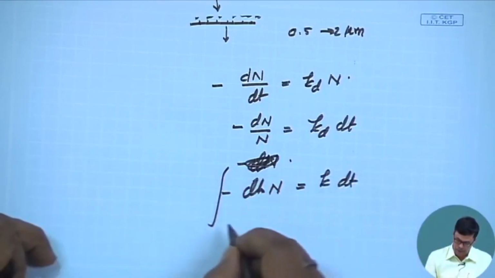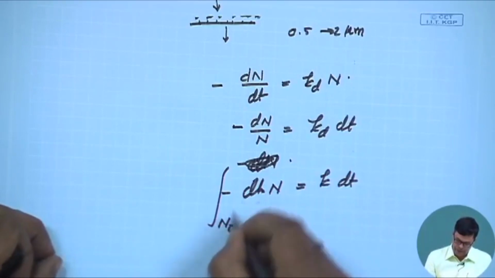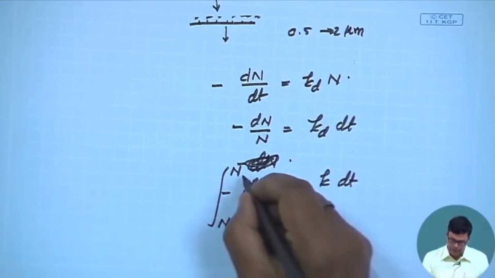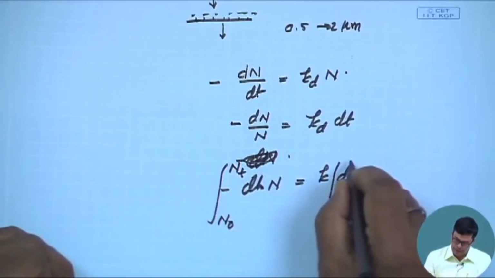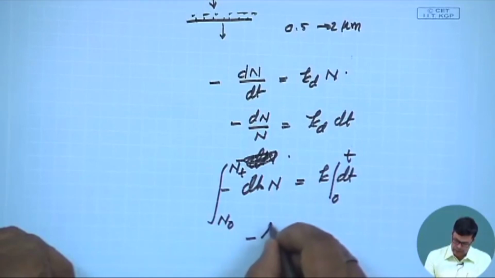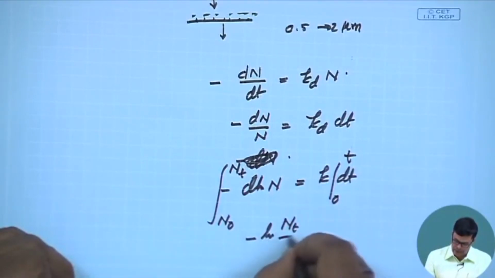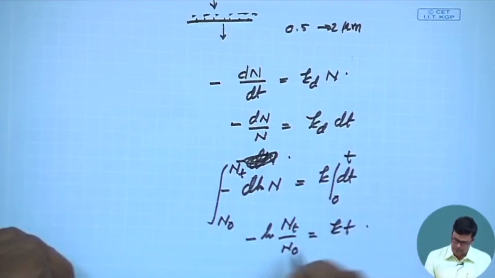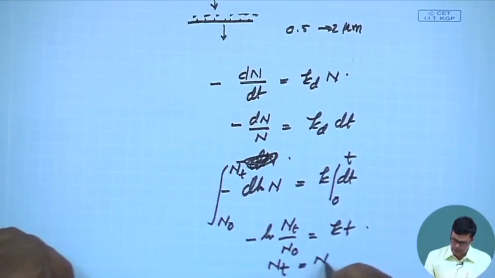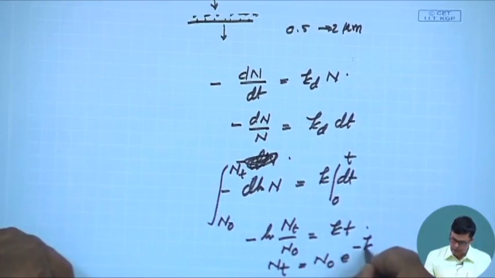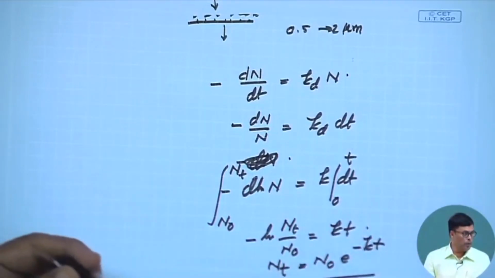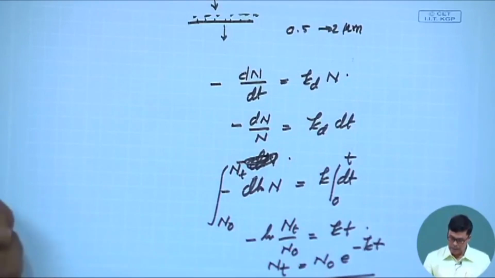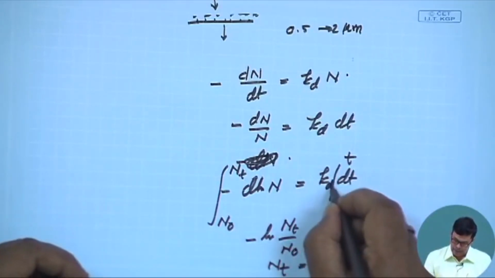Now if you integrate from N0 to Nt, and from 0 to t, then what will this be? Minus ln Nt by N0, am I right? This is equal to k into t. Now if you take the minus the other way, this will be minus kt. In that case Nt I can write as N0 into e to the power minus kt. So the number of organisms present at any time t we can easily find, and this k is nothing but kd.